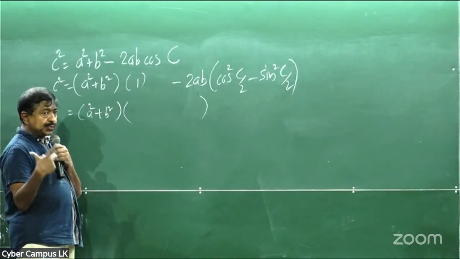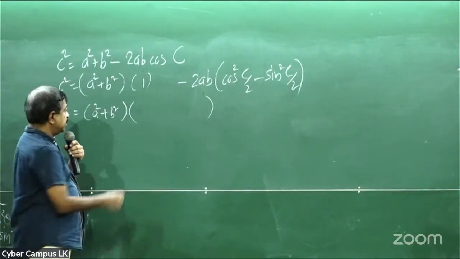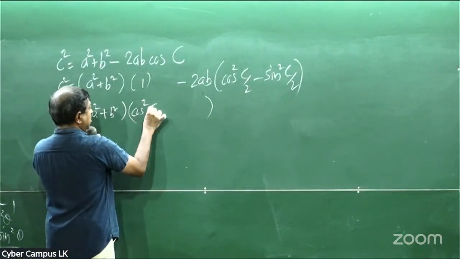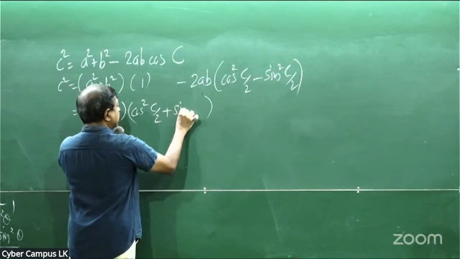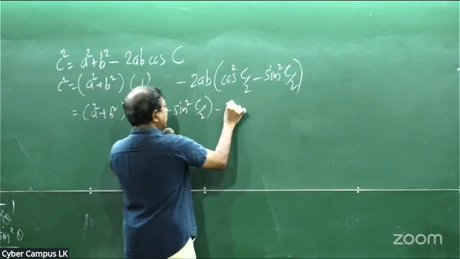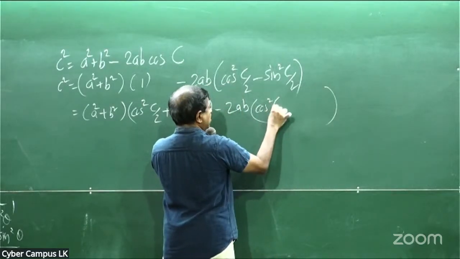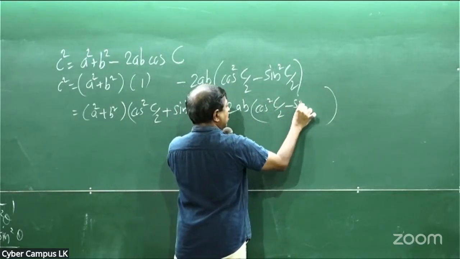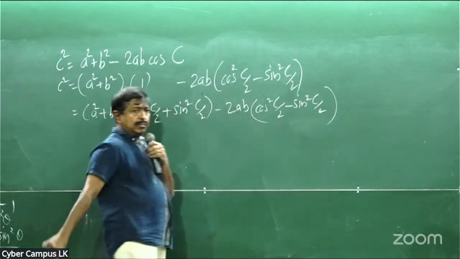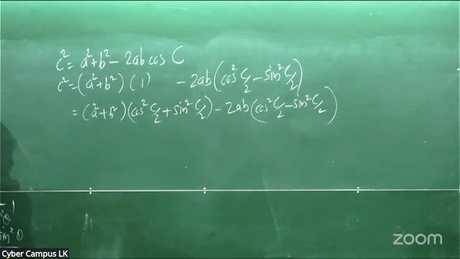You can write it as cosine squared plus sine squared. Use the same angle. That's how the line of thinking should be. Because rather than using A and B, you have to use the third one.